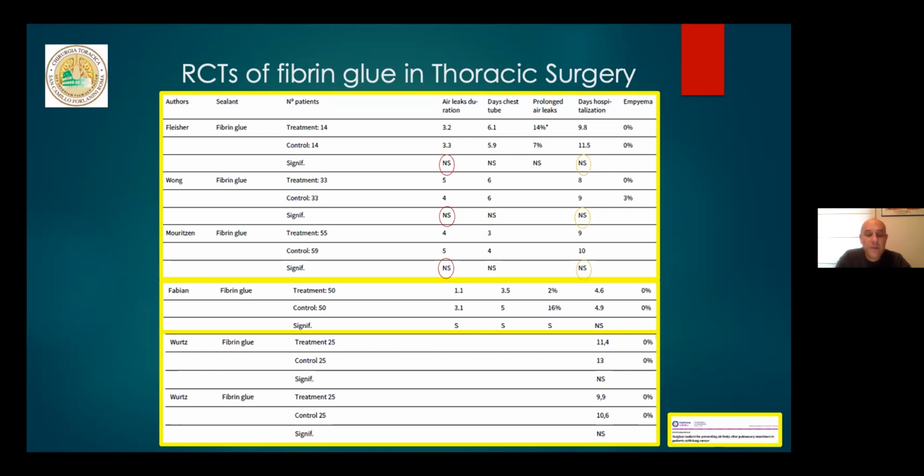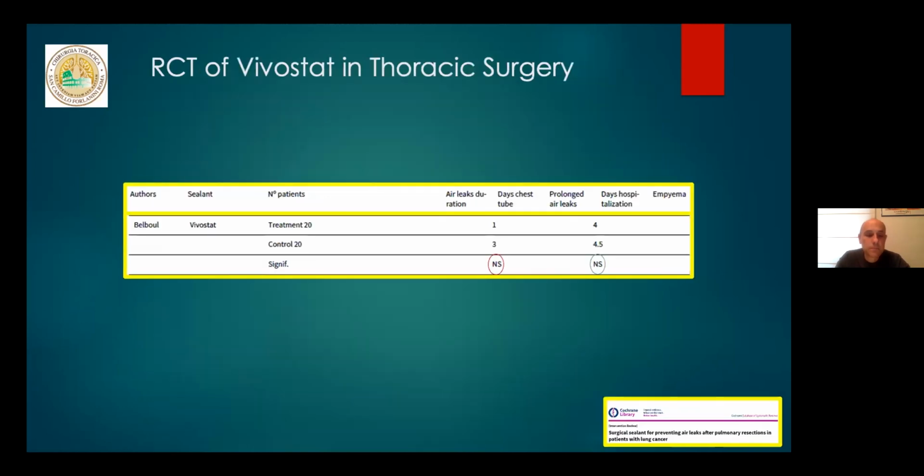However, the reduction in postoperative air leaks did not translate into any significant differences in the duration of hospital stay. In the VivoStat study, although results for these parameters favored VivoStat, no statistically significant differences were found in terms of air leak duration and days of hospitalization.